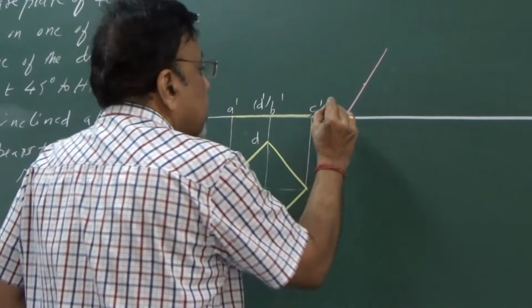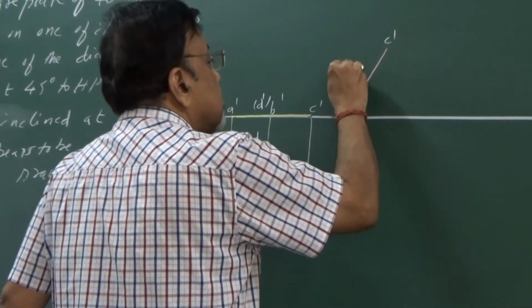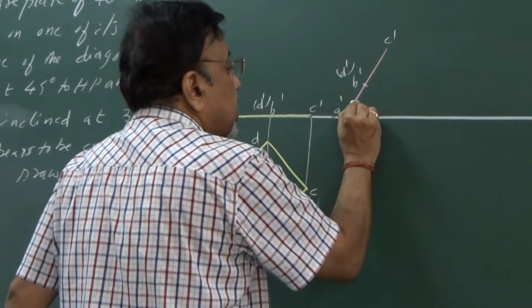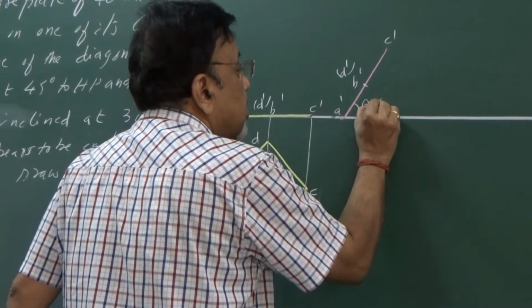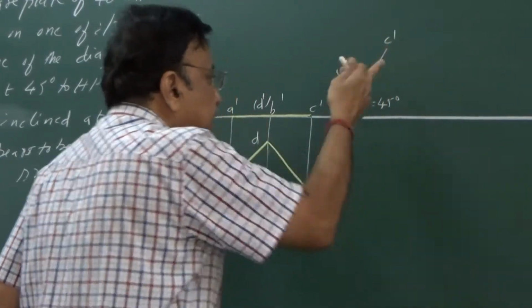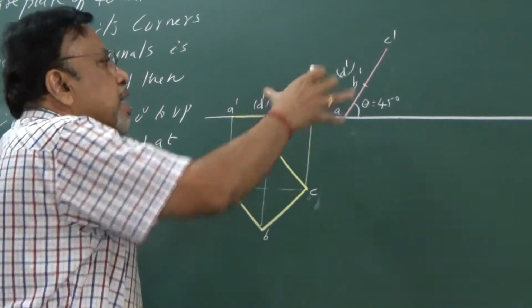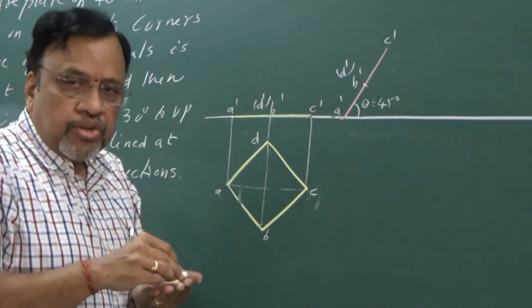So let me name them A dash, B dash, C dash and D dash, and this angle is theta. Remember, this angle theta, what we have shown here, is for the diagonal AC, which is also equivalent to saying that the surface itself is inclined at 45 degrees.